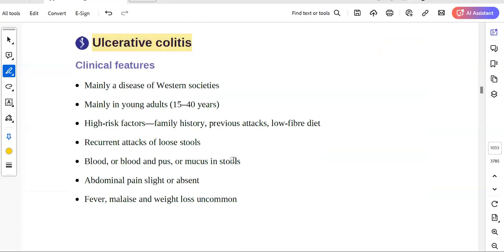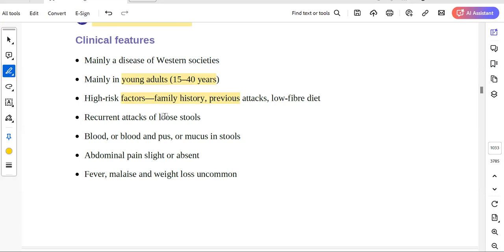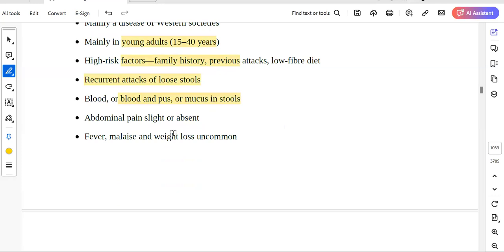Ulcerative colitis mainly involves the large intestine and causes ulceration in the large intestine. It is mainly a young patient, family history can be positive, with recurrent attacks of loose stool. The main presentation is bloody diarrhea, so blood and mucus in stool.